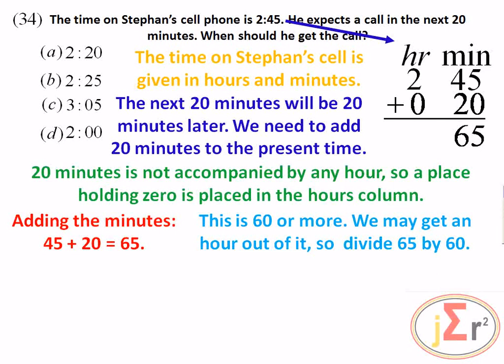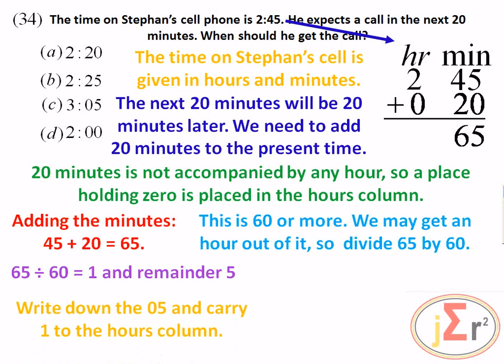So the 60 would go over as 1 hour. 60 minutes, 1 hour. Right. So 65 divided by 60 equals 1, and the remainder is 5. So we have 65 to divide by 60. So the remainder is 5.